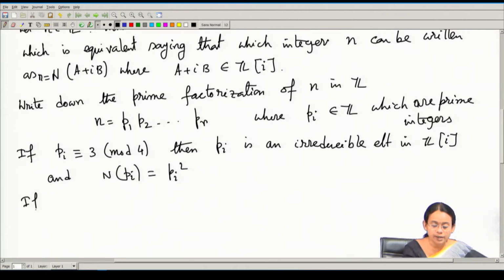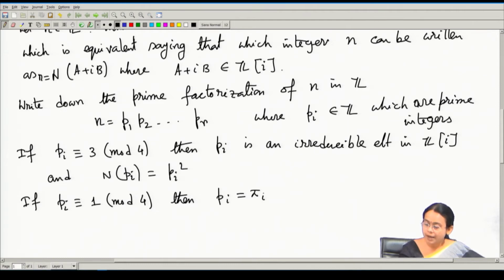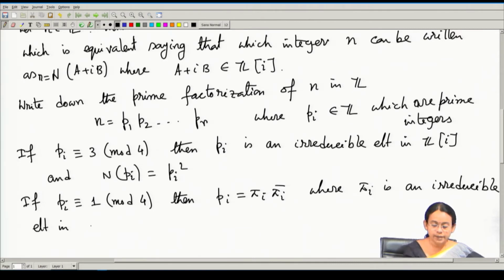Moreover, we know that if the prime pi is congruent to 1 mod 4, in that case pi can be written as pi prime times pi prime bar, where this pi prime is an irreducible element in Zi, with the further property that the norm of pi prime is nothing but pi.